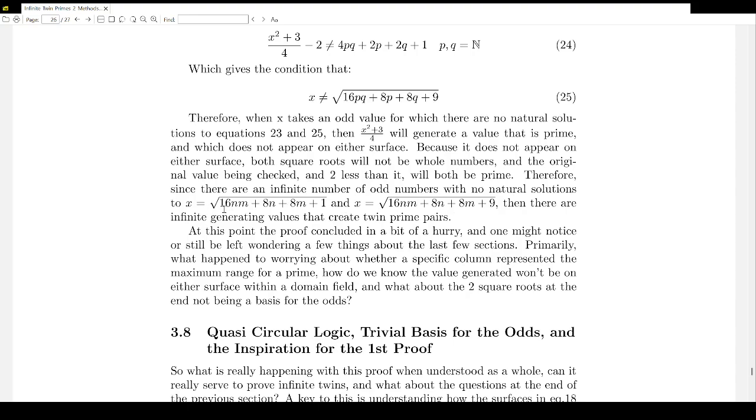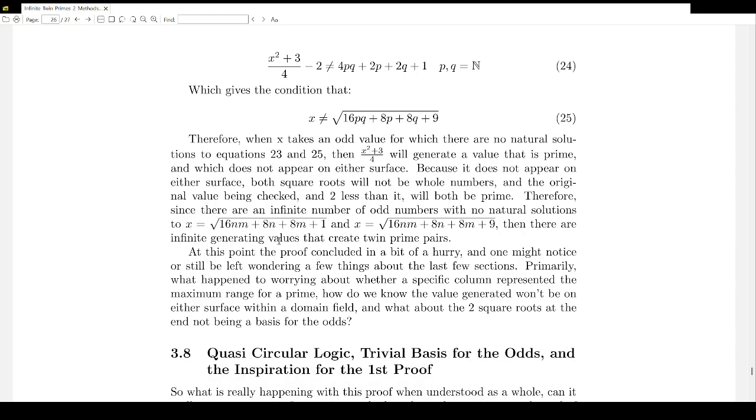If you can show that there are an infinite number of odd numbers such that there's no n and m that can generate it with this function or this function. So an odd number that can't be generated by this or this. And if you can show there's an infinite number of those, you can show infinite twins. So that's what this whole paper distilled down to, into these two square root functions here. And you have to show that there's an infinite number of odd numbers that cannot be made from this form or this form.